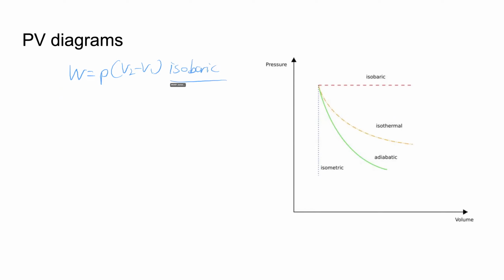How about isothermal? So isothermal, we see that the temperature is constant. If we look at this integral, when the temperature is constant, it's not related to the volume.